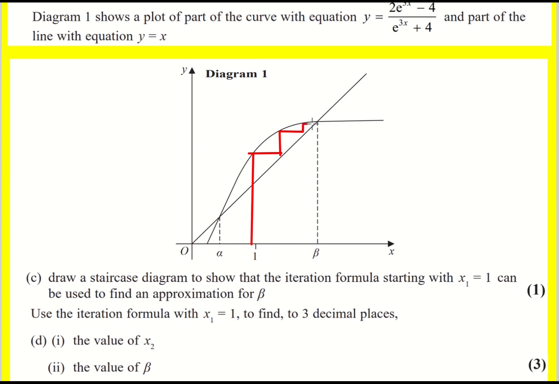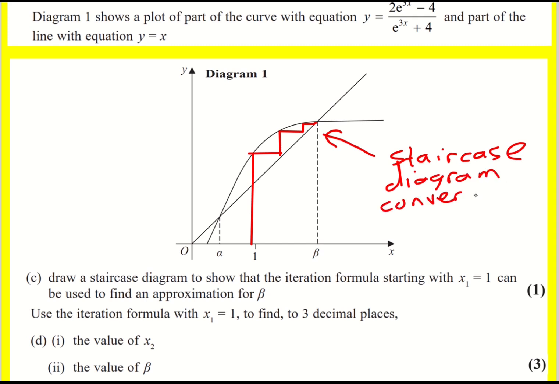And you can see if you follow this path, then it is a staircase diagram. Ooh, not that bit there. And it's going to get to the root beta here. It's only one mark, but I'd probably say, staircase diagram converges to beta.